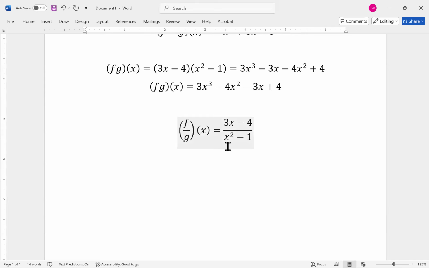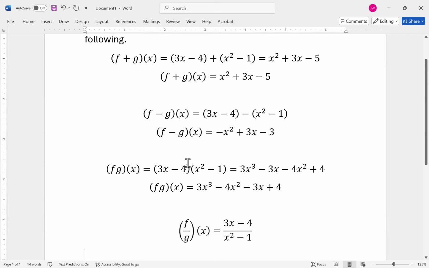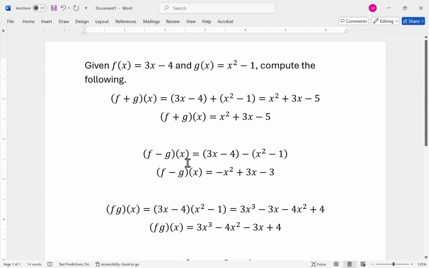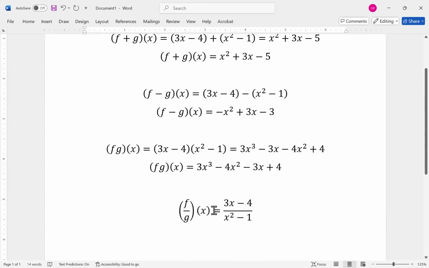So we can't plug in a 1, we can't plug in a negative 1, because that would make our denominator of this fraction be 0. That's not something to focus on right now, but it's an observation: you can't plug in 1 or negative 1 into the denominator because then you'd be dividing by 0.